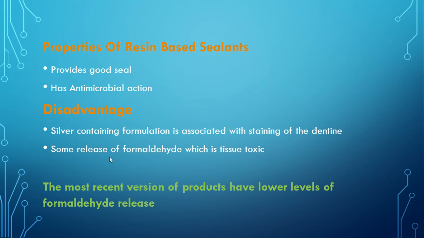The other disadvantage is that it can release some amount of formaldehyde, which is tissue toxic. The most recent versions of the products have a lower level of formaldehyde release.